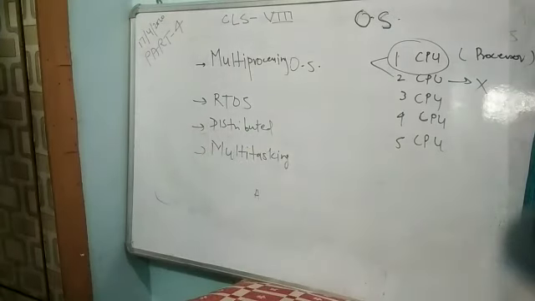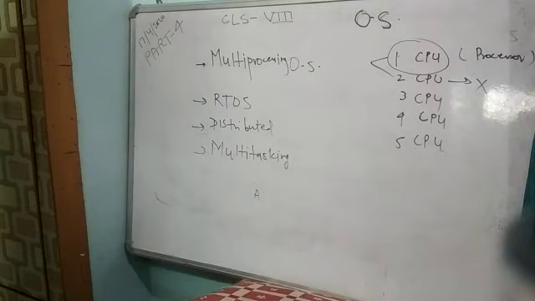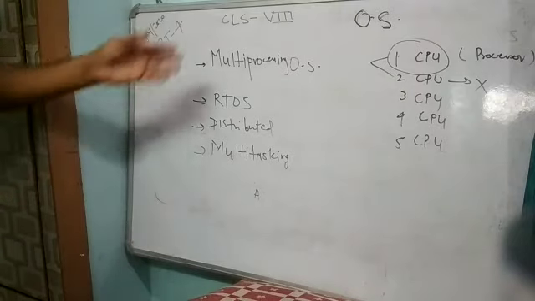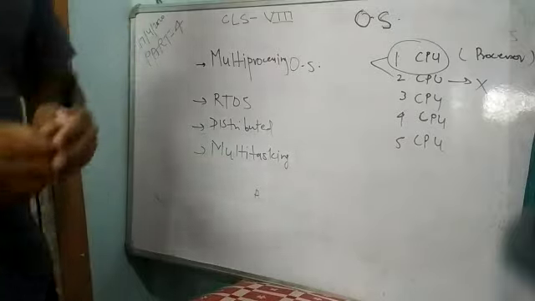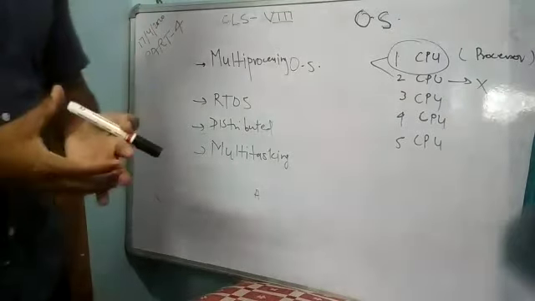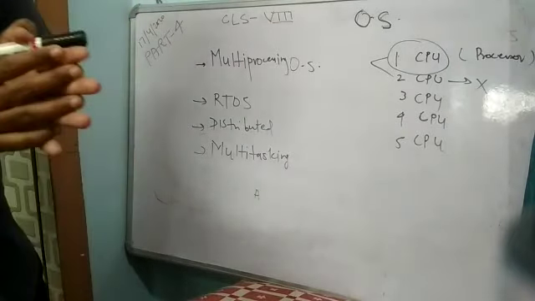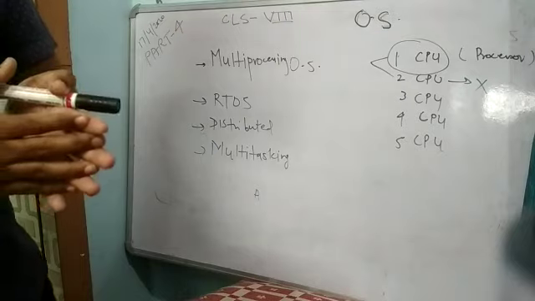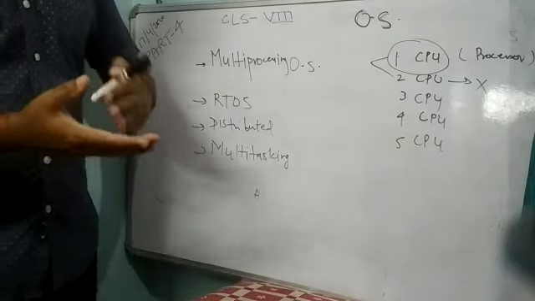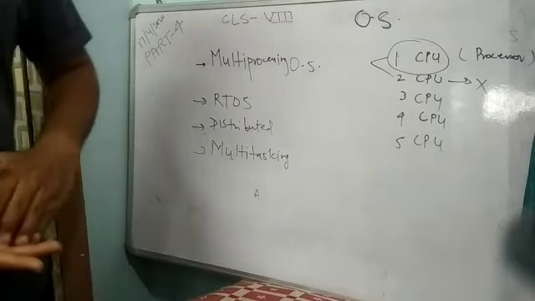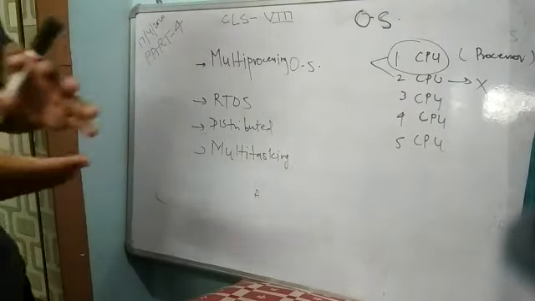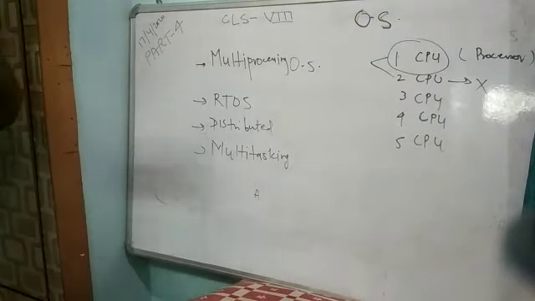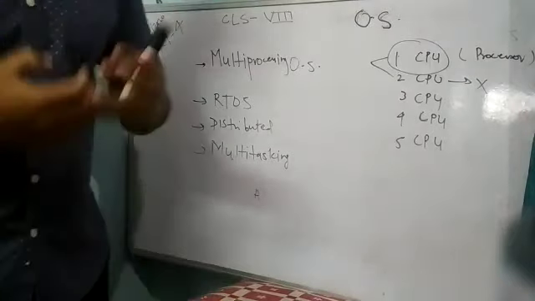In the next video we will complete the types of operating systems, and then we will discuss the functional areas of an operating system: process management, memory management, information management, resource management. We will try to understand these things a little technically.